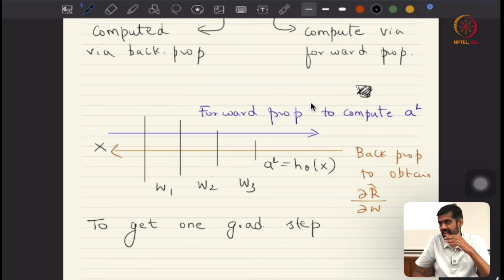So, to get one gradient step, we have to do one forward pass with a given data point, get the output, compute the loss and then do one full backward pass to obtain the gradients.